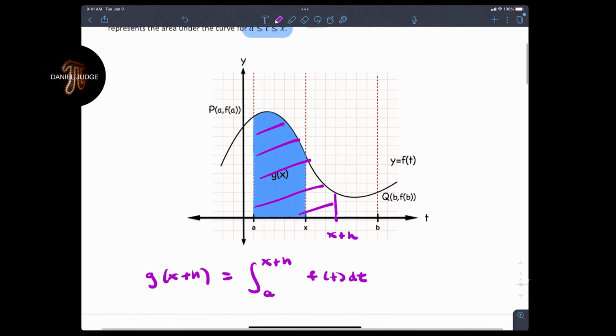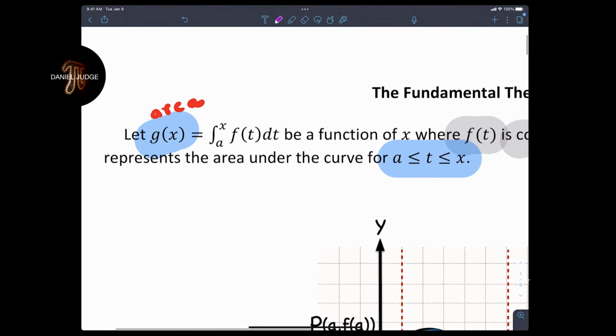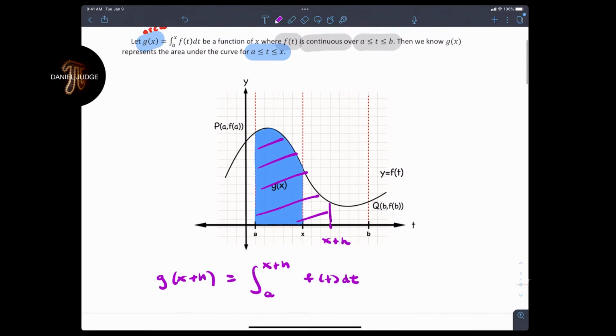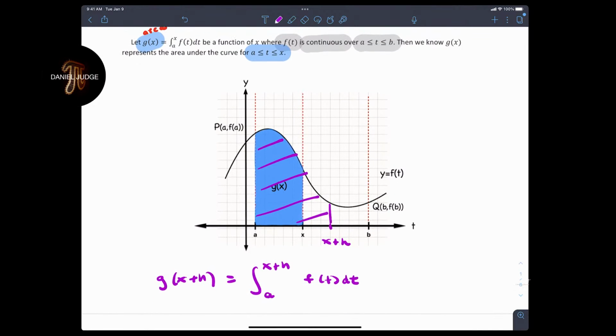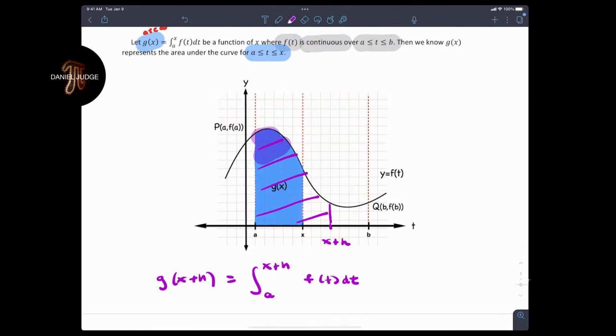So just using this definition in the upper left corner, we can create another function that's going to be more area, in purple. So I'm going to call that g of x plus h. So this is the purple area, and this is what I'm describing as g of x plus h.